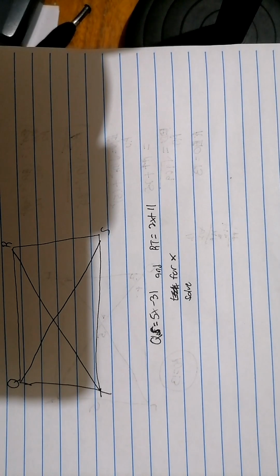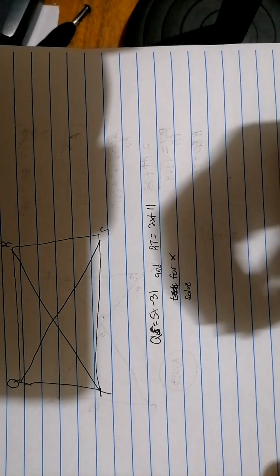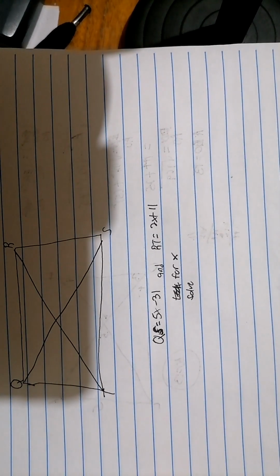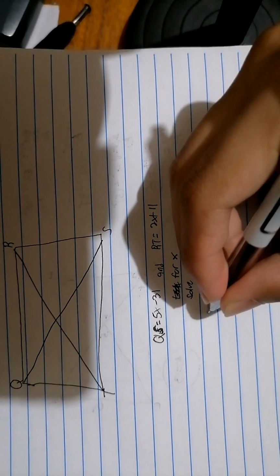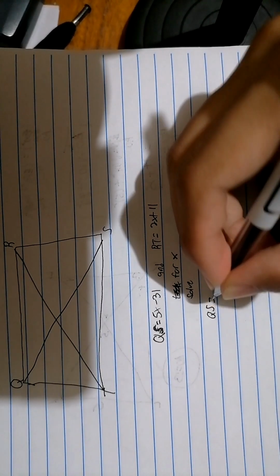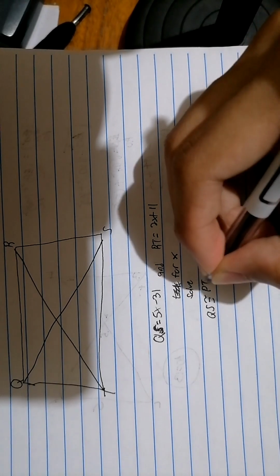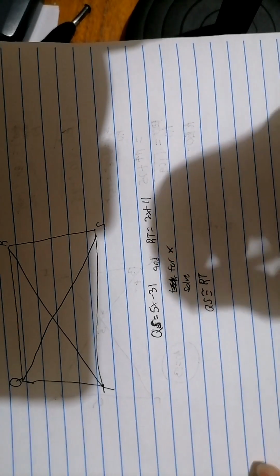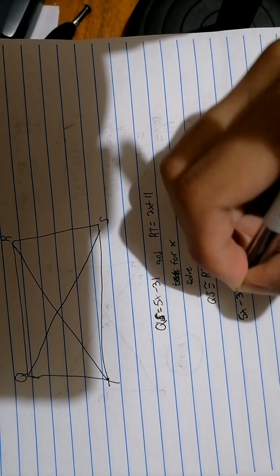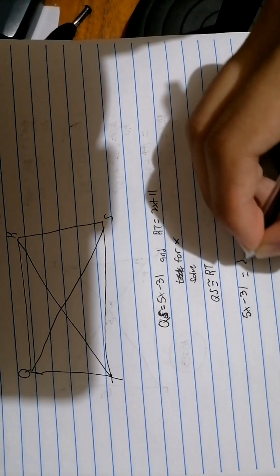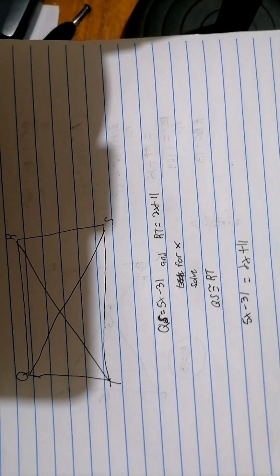So how do we solve for that? First, based again on theorem 2, the diagonals of a rectangle are congruent. So QS is congruent to RT. Then we substitute: 5x minus 31 is equal to 2x plus 11.